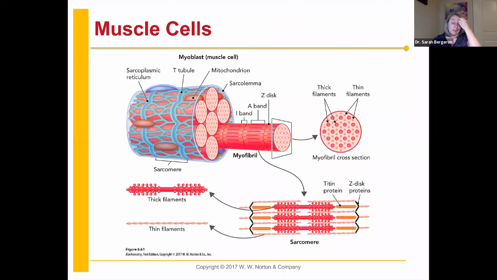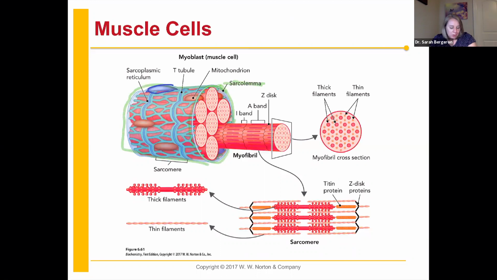Okay, so this is an example of one myoblast. You can see that it is covered in a sarcolemma. This sarcolemma wraps the entire cell. It goes all the way over here, all the way over here. It's just the plasma membrane that wraps around that cell. And then inside the cell, we have nuclei.